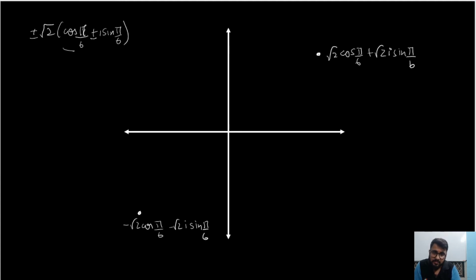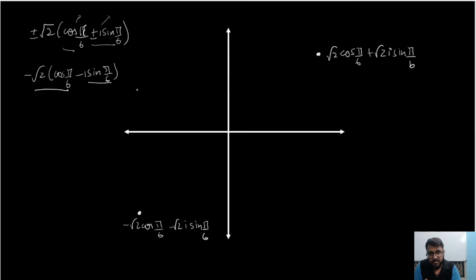In that case, the real part becomes negative and the imaginary part becomes positive, because when you have minus root 2 cos pi by 6 minus i sine pi by 6, one part multiplies to a negative number and the other multiplies to a positive number.